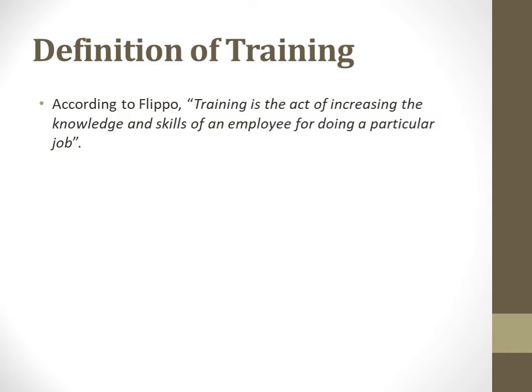Suppose you joined as a machine operator in the company. As a machine operator, you must know about the machine, how to operate it, like the basic things. You must know how to switch the machine on and off, how many units it produces, and how many inputs you can give. You should know the parts of that particular machinery.